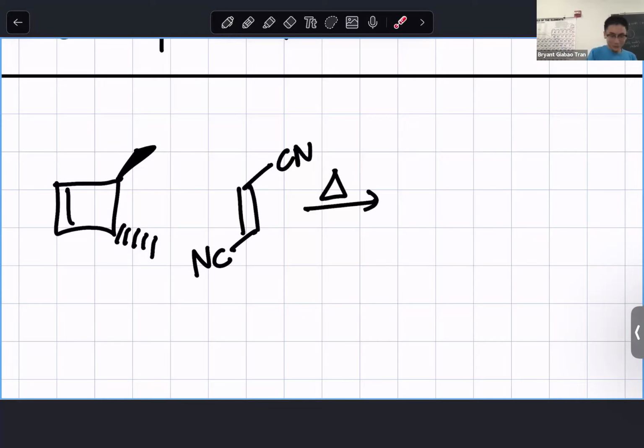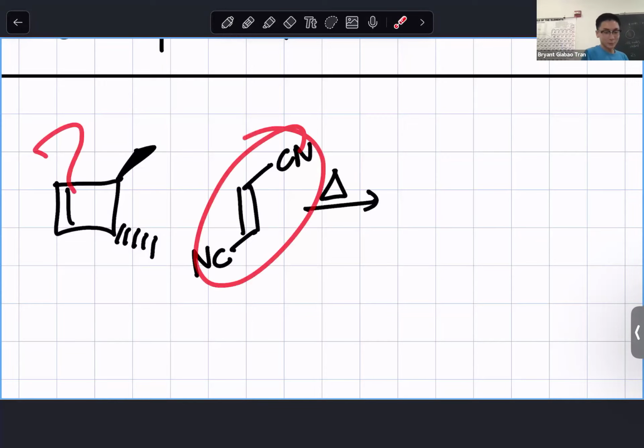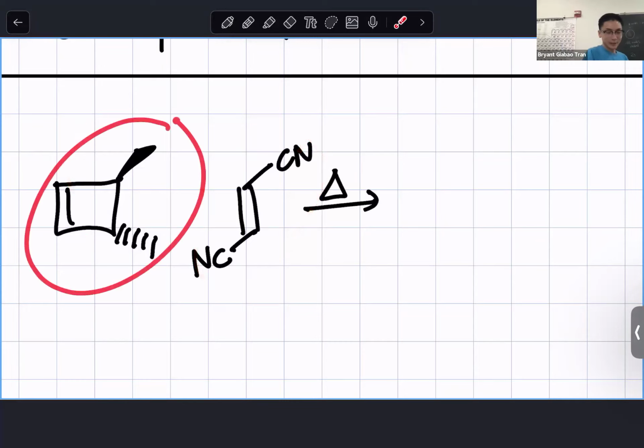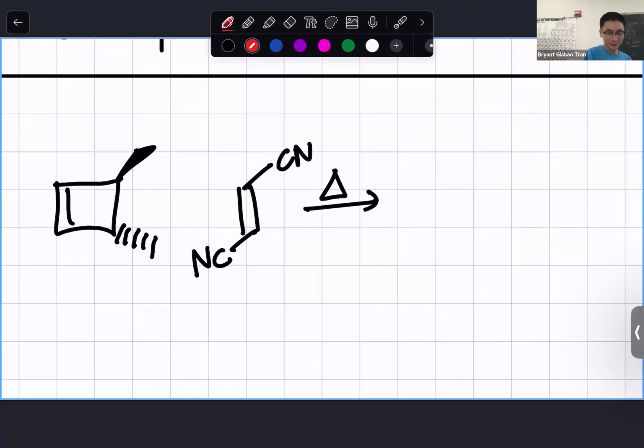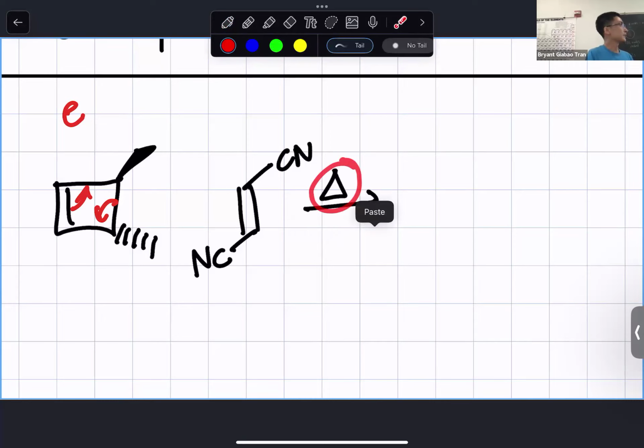So first, we see a dienophile, but this is not our diene here. This is a ring where we could see a ring opening with heat. So first we just ignore this dienophile, and then we draw the arrows of the ring opening, which is going to be like that, right? Where we see 2 arrows, an even pair of electrons and heat, that is conrotatory, right?